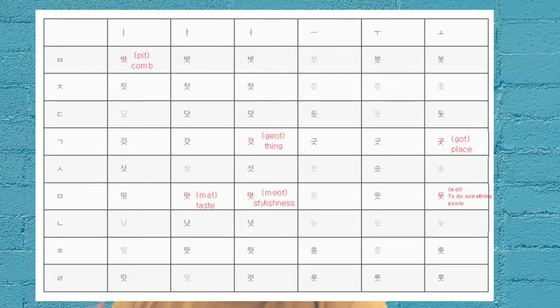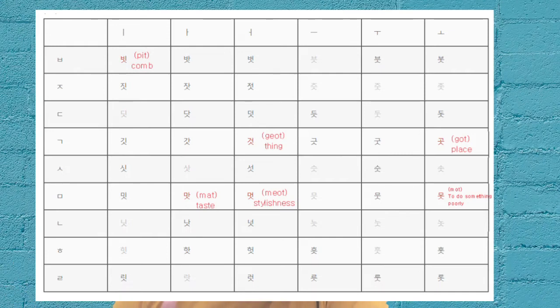Got means thing. For example, you say egot. That means that thing. Okay, egot. E means this, and got. Egot. Okay, and go good. Got. Got means place. Okay, jogot. That place, like that. Got.